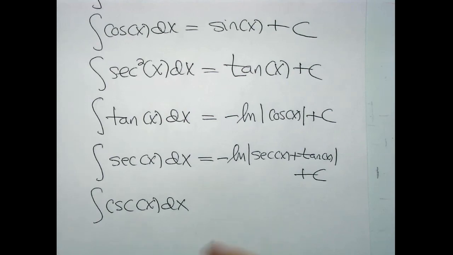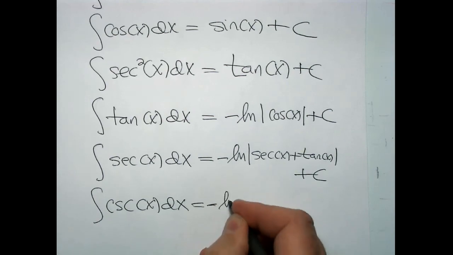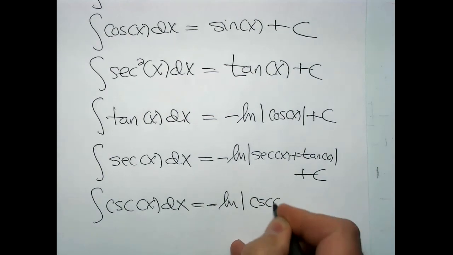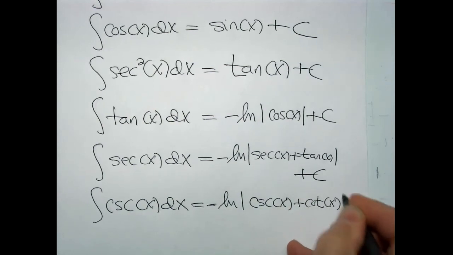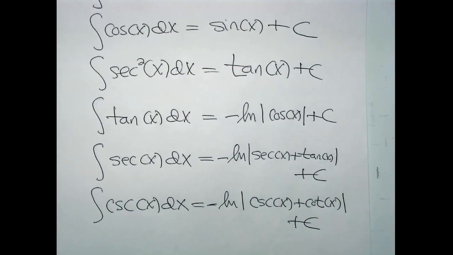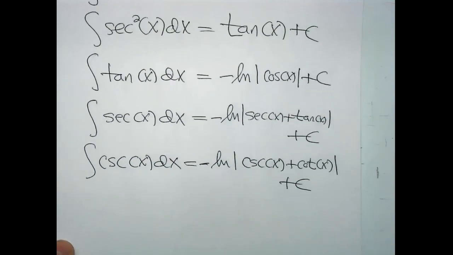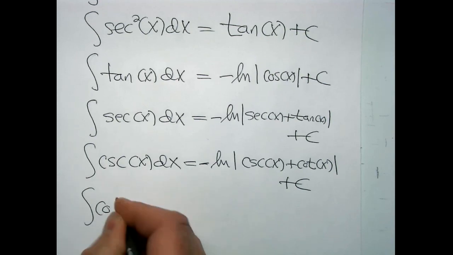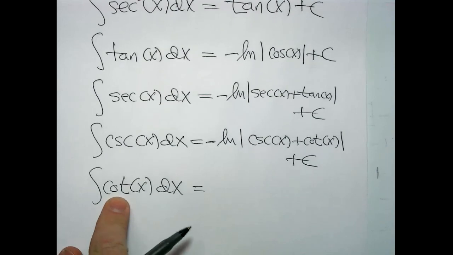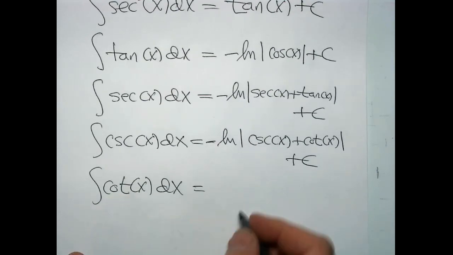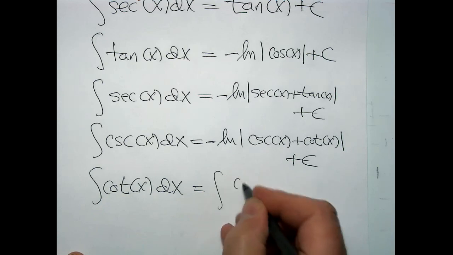The integral of cosecant is... So, I guess there's one more, which is cotangent, which should be very similar to the tangent, because this one would be cosine over sine. And we can actually do that one ourselves. Let's do that one ourselves.